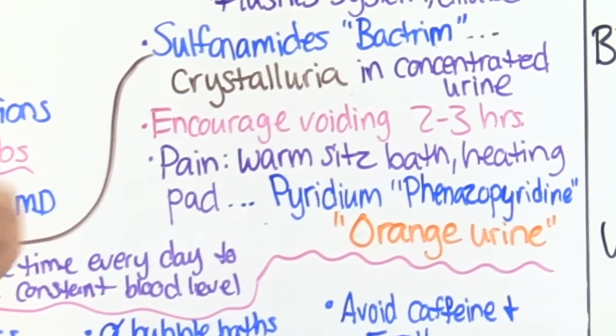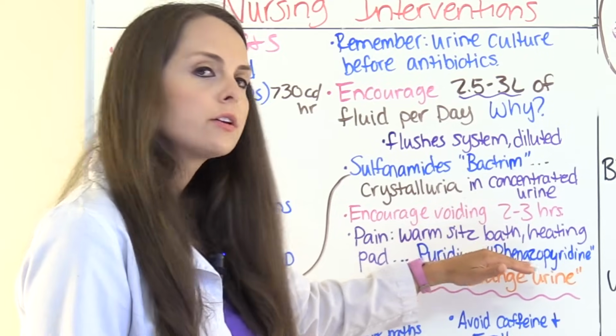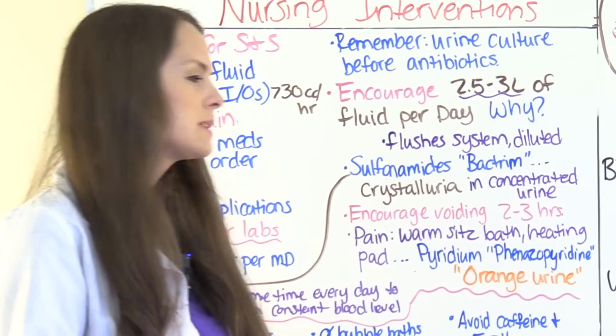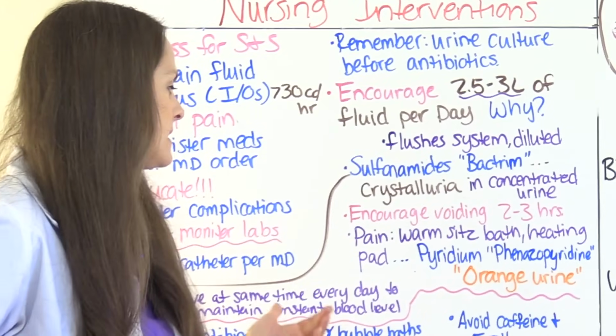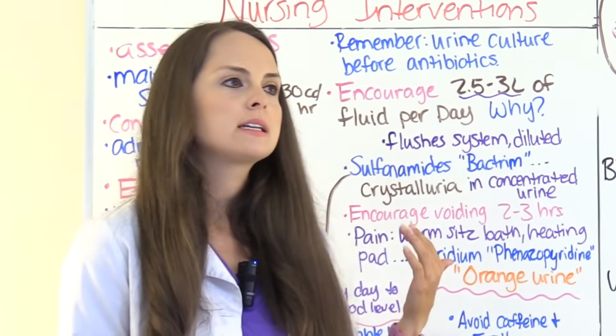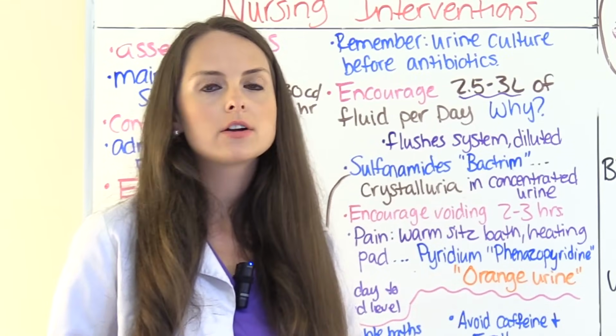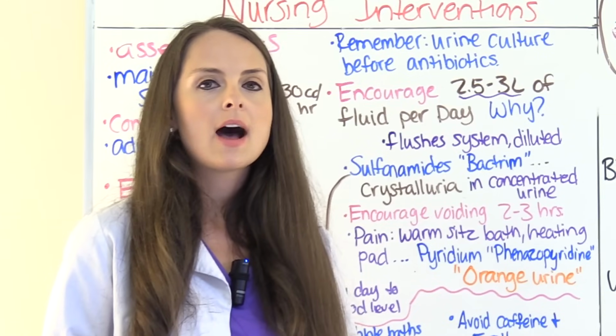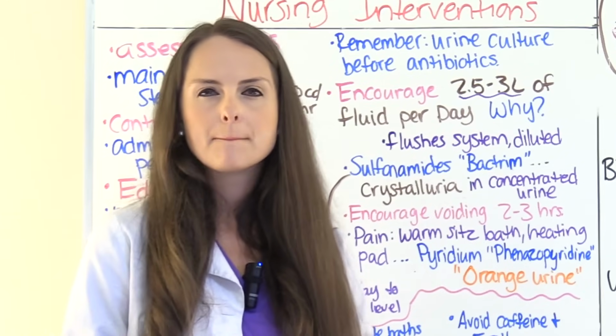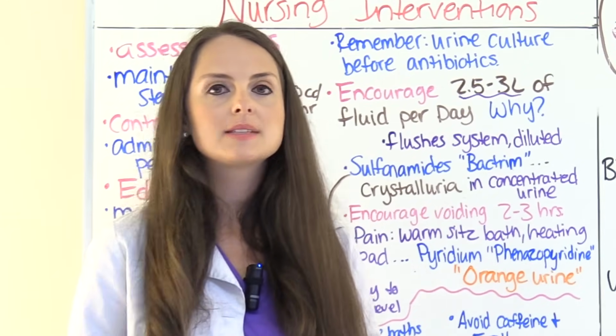Another thing, physicians sometimes order a drug called pyridium, also called phenazopyridine, sometimes Urostat. And this is like an analgesic. It will help coat the bladder and the urethra, and it will provide relief, decrease that burning urine, the spasms, things like that.